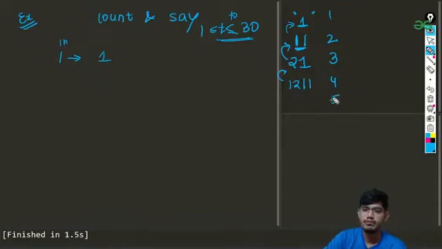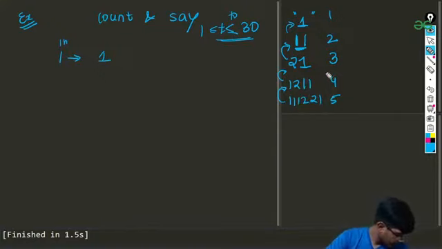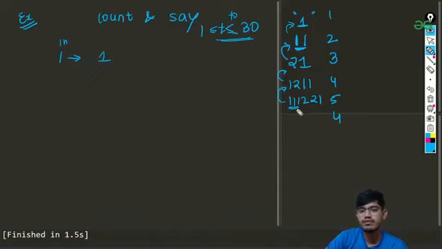When the input is 5, from this we have 1 1 1, we have 1 2, we have 2 1s. I hope the problem is clear. And for the fourth, you can see we have 3 1, then we have 2 2s, and we have 1 1. For the fifth, we'll have 1 3 and 1 1, 2 2s, then we have 2 1s.